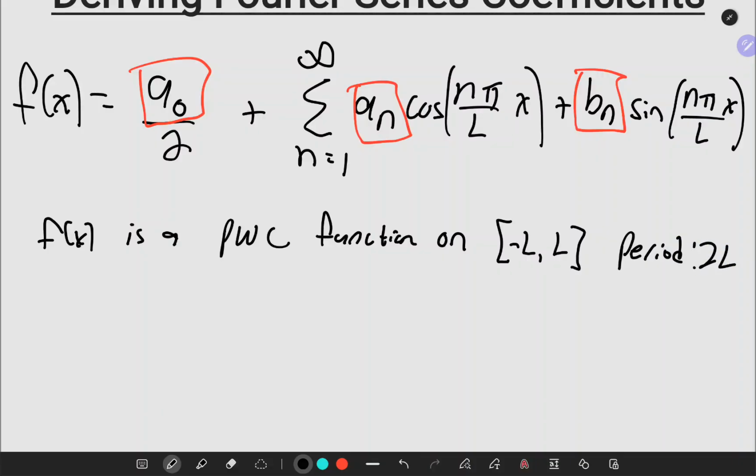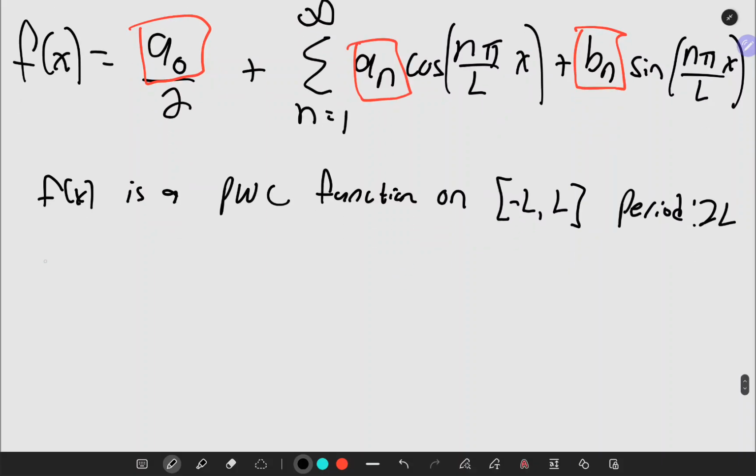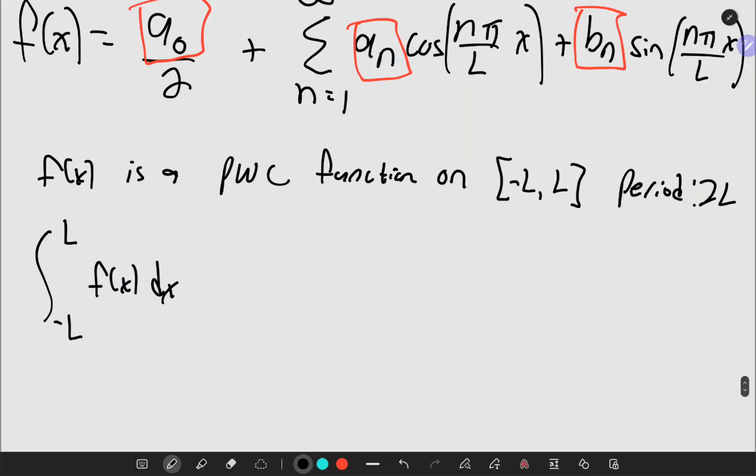To find a sub naught, we're going to integrate the left side, and then we do the same thing on the right side.